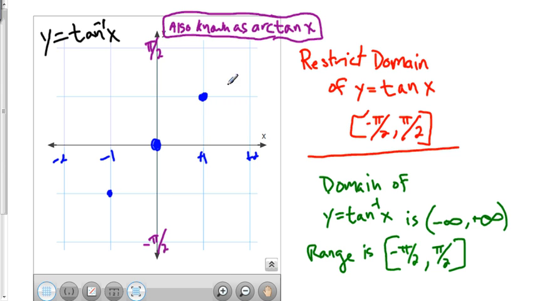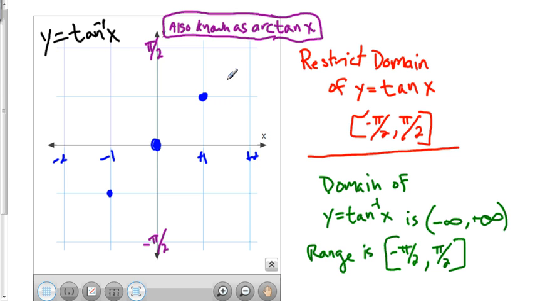Okay, and now as I got closer and closer to pi over 2, it kept getting bigger and bigger and bigger. So instead of now as I go to 2, I'm getting closer and closer to pi over 2.